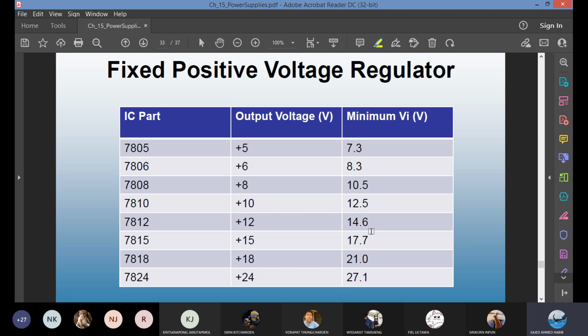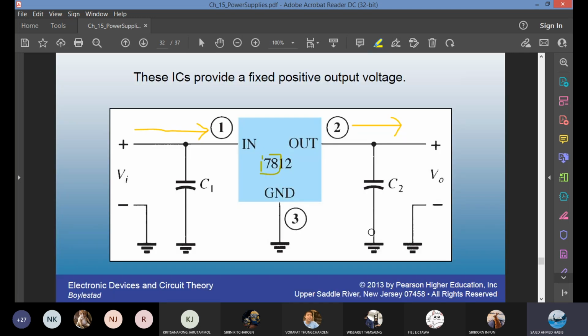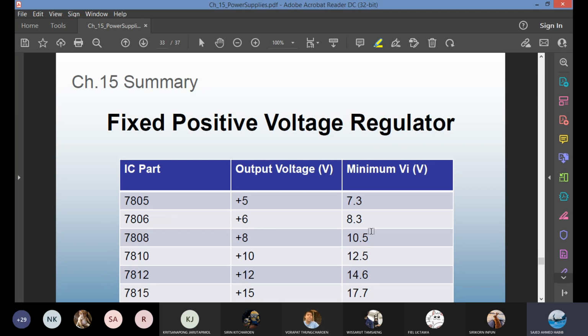Minimum VI. What is the minimum VI? It means in order to operate this IC, you have to have at least, so pick 7805, you want a regulated plus 5 volt DC throughout its operation. It needs a minimum VI, on the input side, of 7.3 volts.